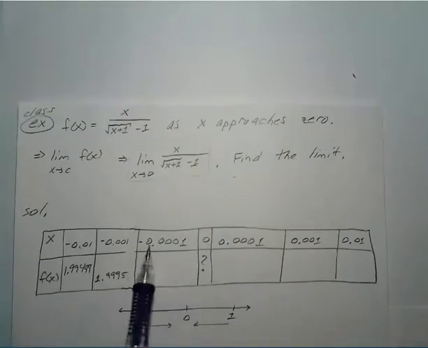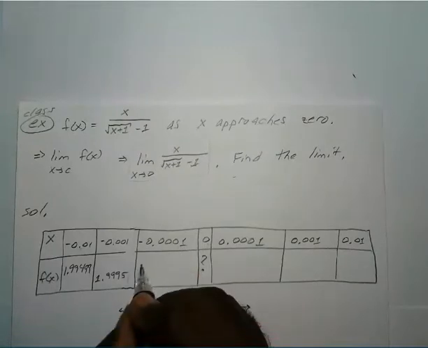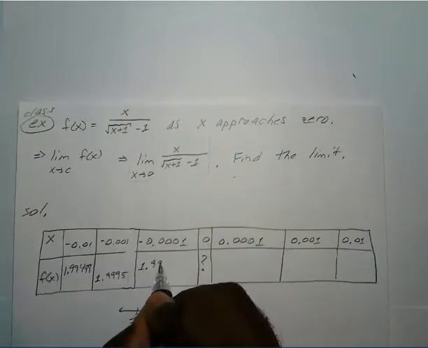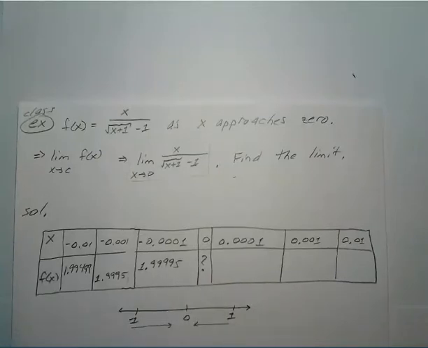And if you plug in negative 0.0001, you will get 1.99995. Okay, so as we're getting closer and closer to 0 from the left, we see where this is going. It's kind of getting closer and closer to 2. You got 1.99995, which is really, really close to 2. It's not 2, but it's really close to 2.